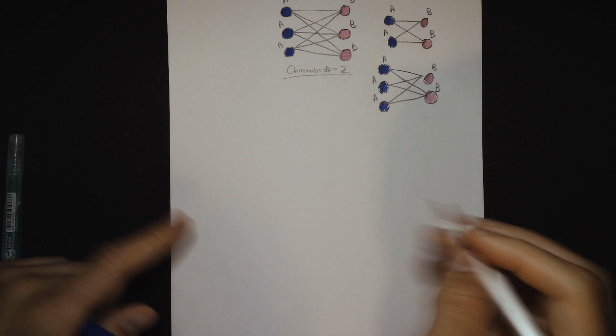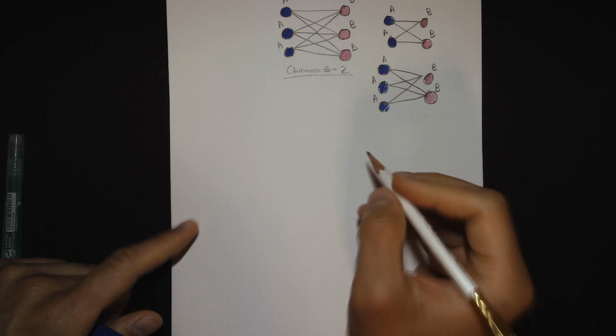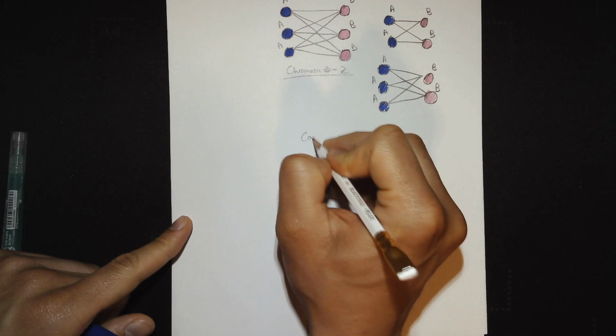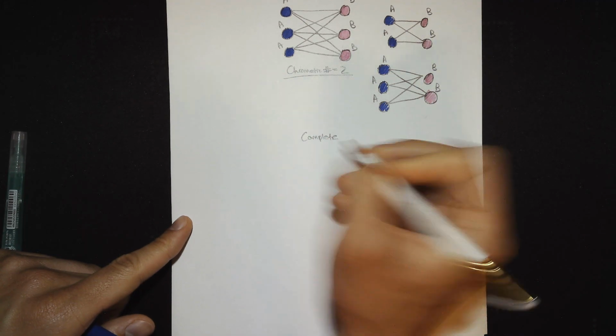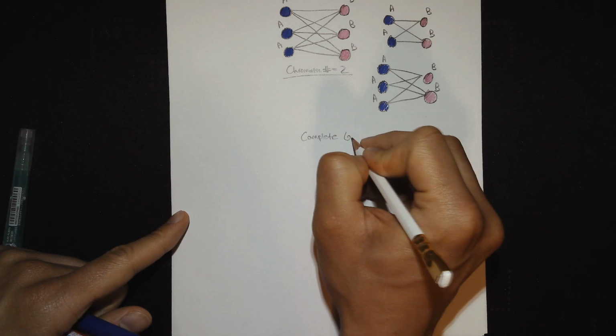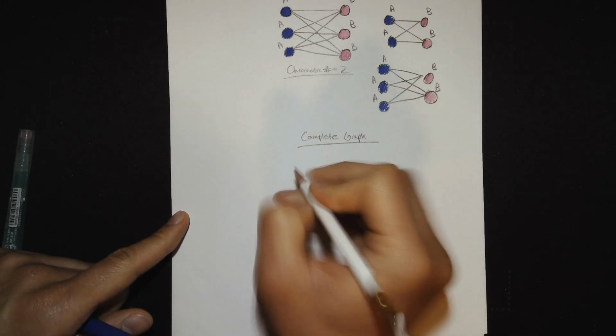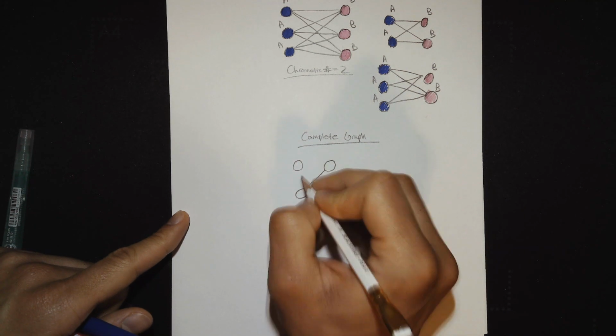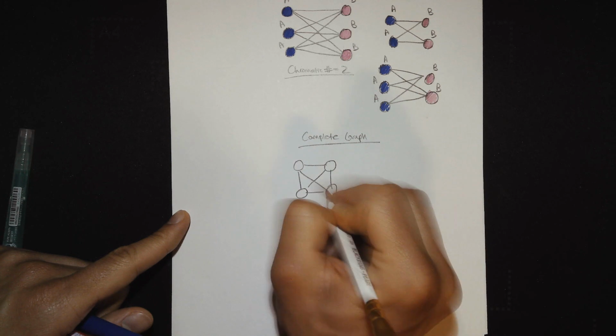Anyway, let's look at another type of graph family. I mentioned complete graphs. We've seen complete graphs before, in our study of Hamiltonian circuits. A complete graph, if you've forgotten, is just a graph where every vertex is connected to every other via a direct edge.